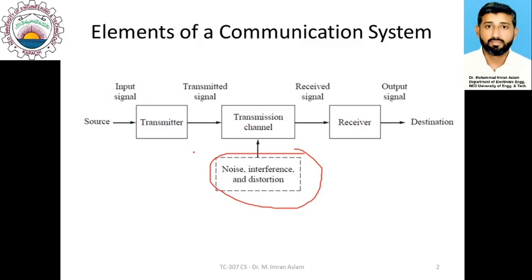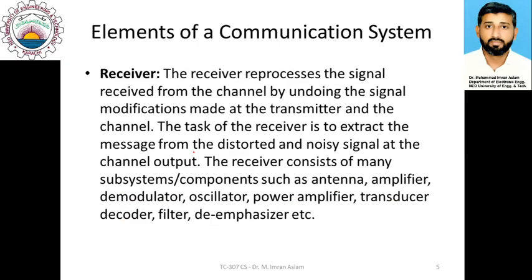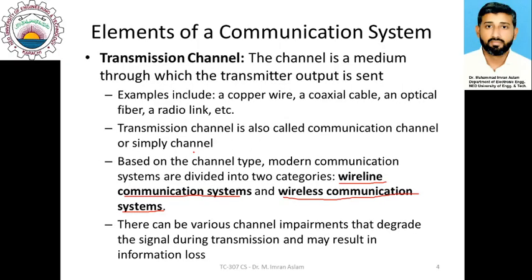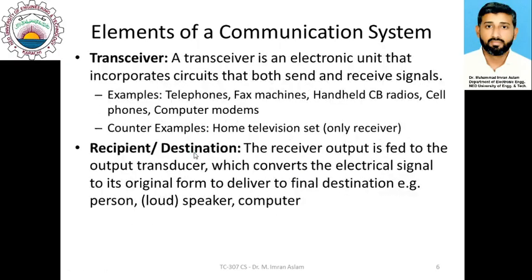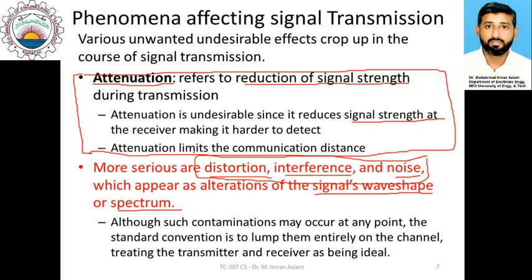Practically, all these phenomena can occur anywhere in the system, even in the transmitter, in the receiver, or the channel. But it's a common practice to associate all these phenomena with the channel and consider the transmitter and receiver to be ideal entities, which makes our analysis easier and more manageable.